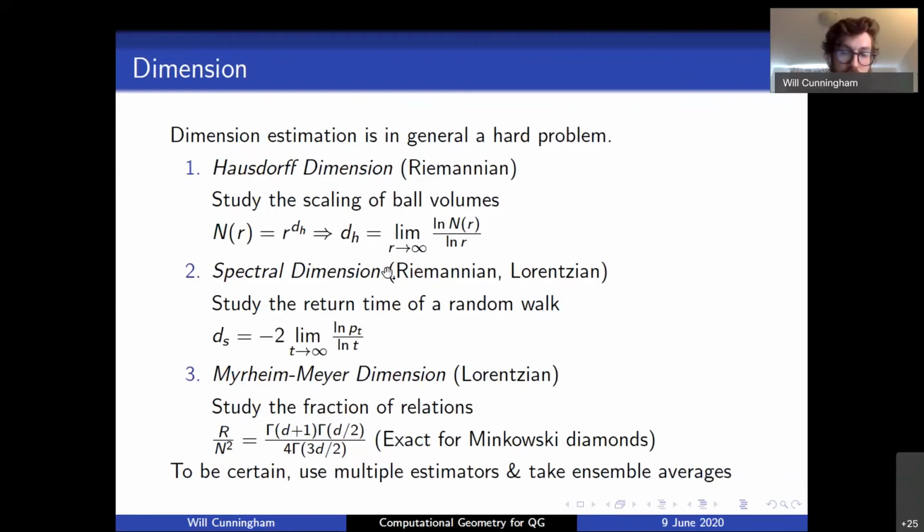We can also look at the spectral dimension, which is nice because it's easily applicable, generalizable to Lorentzian or Riemannian graphs. And here we're just looking at the return time for a random walk on these graphs. Now, a random walk on a graph is a very straightforward procedure. You're just starting at some point, you're picking a random neighbor to hop to at each time, and you're just repeating this procedure infinitely.